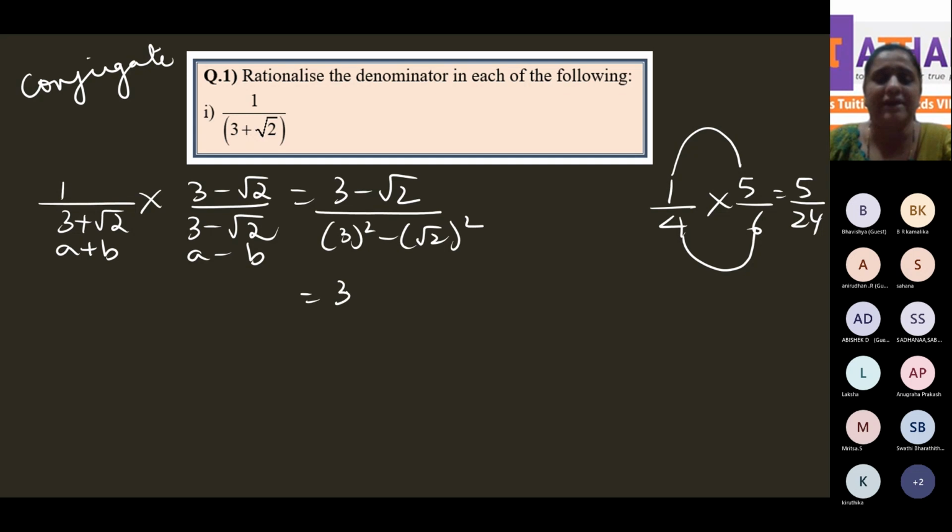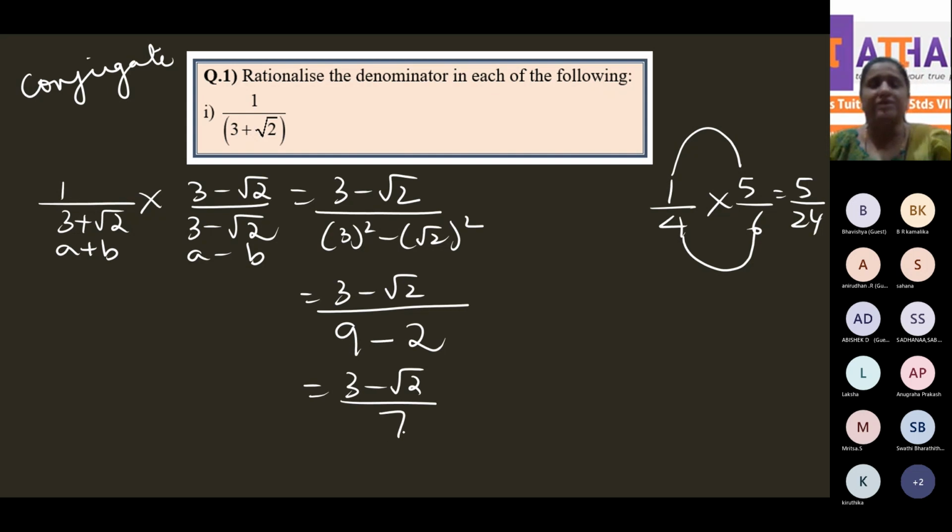Write the numerator as it is, divided by 3 square, which is 9, minus root 2 square, which is 2. That's equal to (3 minus root 2) by 7. Now look at the denominator, 7. It has become rational.